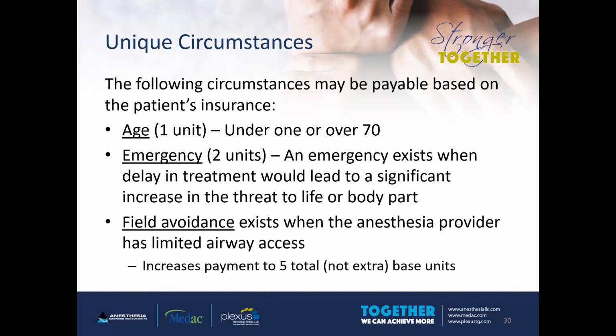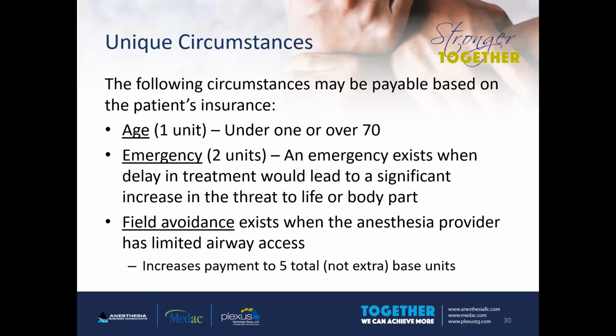Field avoidance is almost never payable. Very few payers will pay for this, and the circumstances in which you can get paid are very minimal. It only pays a total of 5 base units, not an extra 5, but a total of 5. So you would only use this where the code would have paid you either 3 or 4 units to begin with to get you up to that 5.